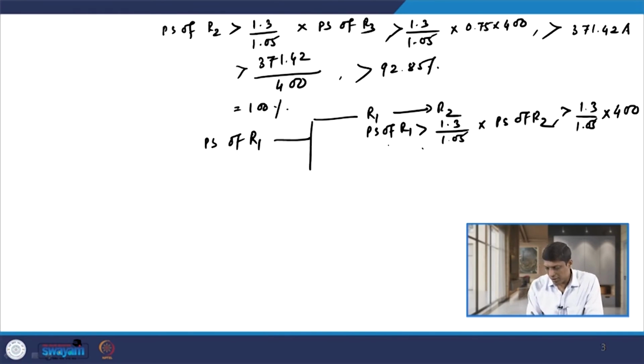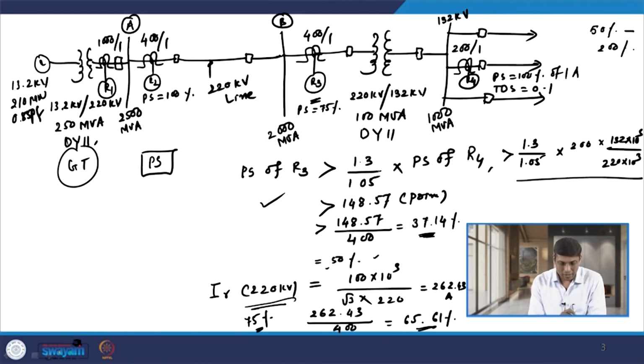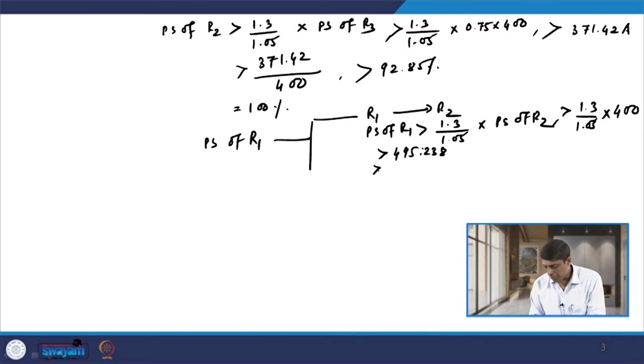If I solve this, the value comes out to be 495.238 ampere. If I convert it on the secondary side of relay R1, the CT ratio of R1 is 1000 by 1. If I divide it, the value comes out to be 49.52 percent. So, we can select the next higher range, that is 50%.